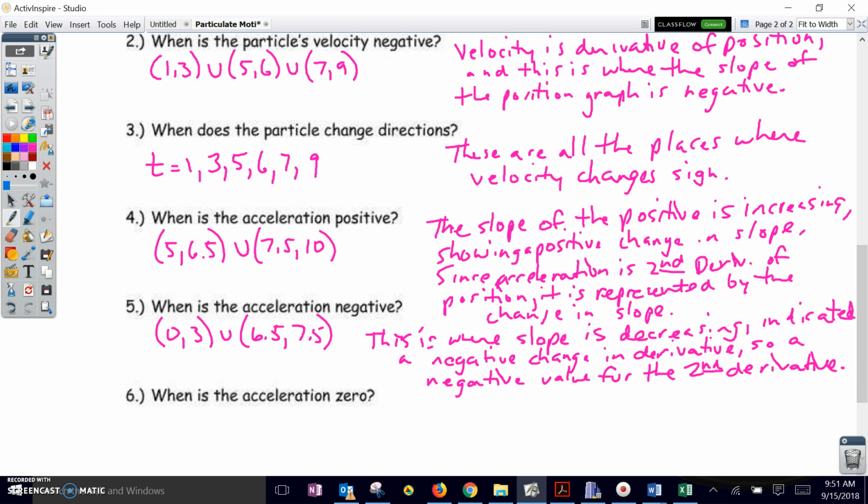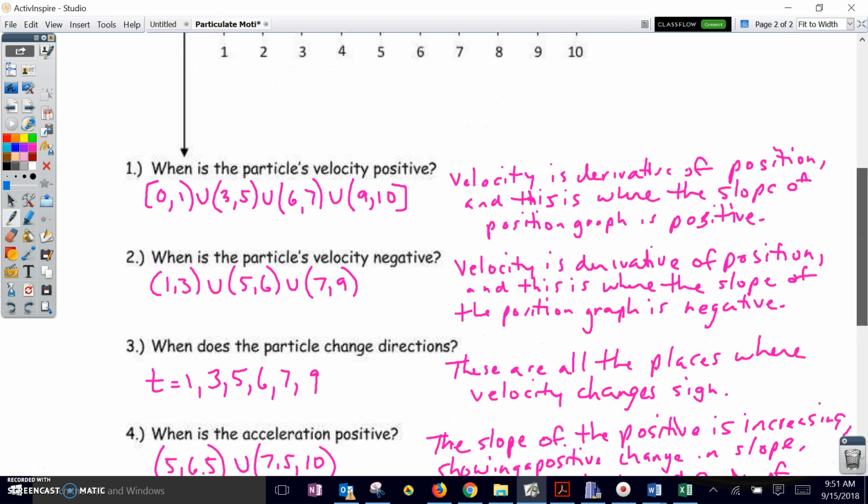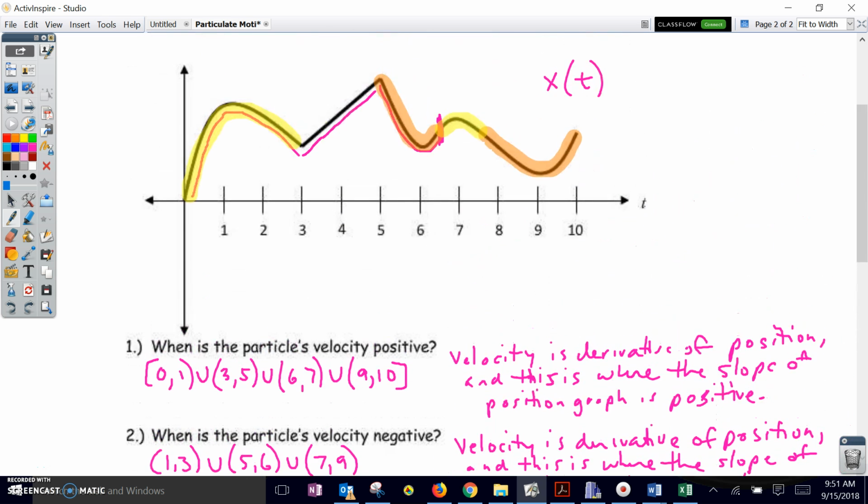And the last question, when is the acceleration 0? That's going to be indicated by this segment of the graph where the slope does not change. So from 3 to 5.